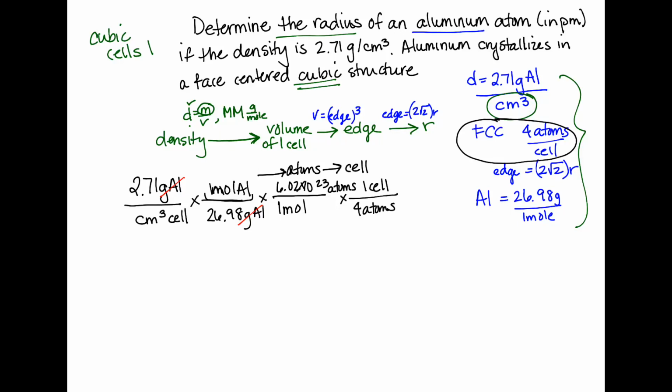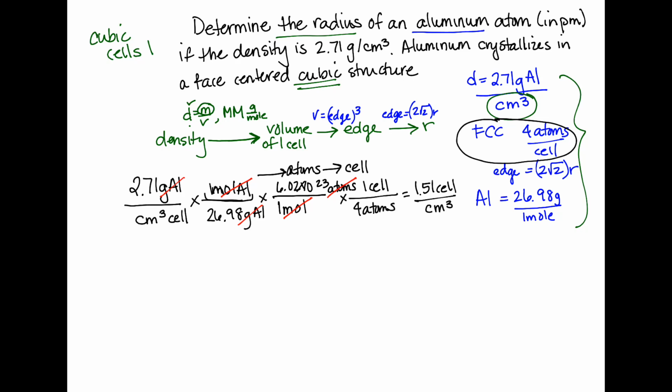All right, let's pay attention to our units as we go along here. Moles would cancel out with moles. Atoms would cancel out with atoms. And what I'm left with is how many cells are in a cubic centimeter. And on my calculator, I actually got that there were 1.51 cells per cubic centimeter.